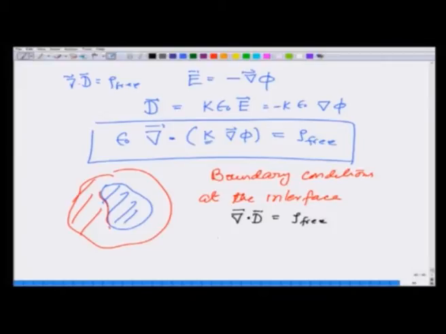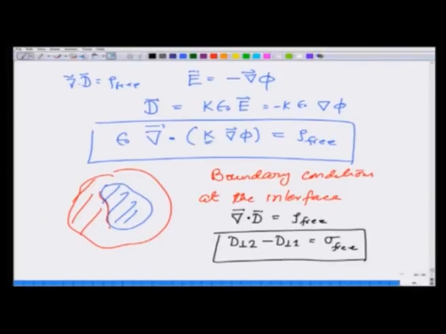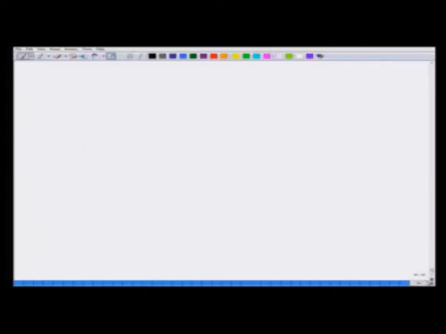I can write by Gauss's theorem that D perpendicular in medium 2 minus D perpendicular in medium 1 is equal to sigma free. Let us see what it means. Suppose there is an interface here, this is medium 1, this is medium 2, this medium could even be vacuum, and there is a D1 here, there is a D2 here.